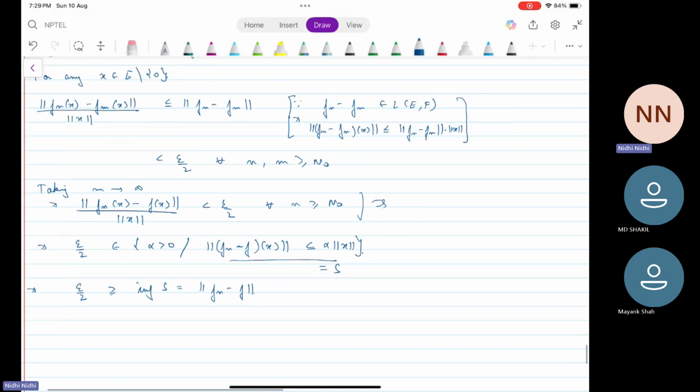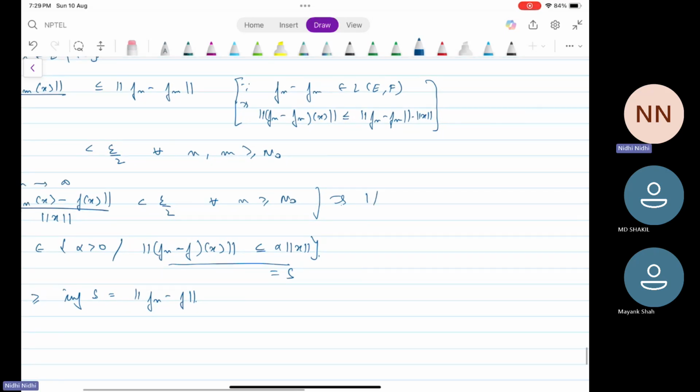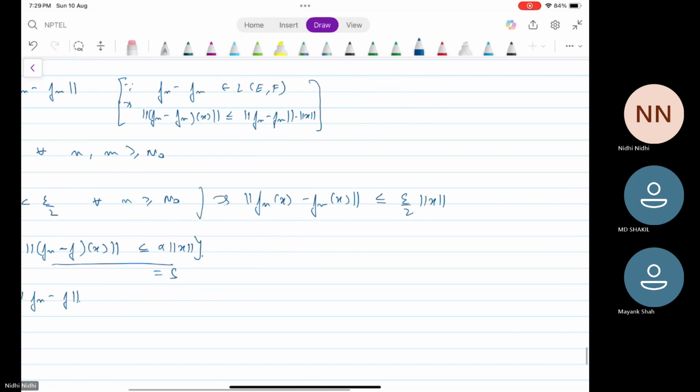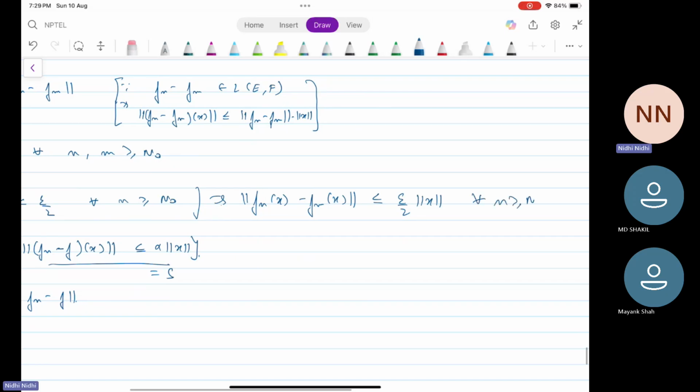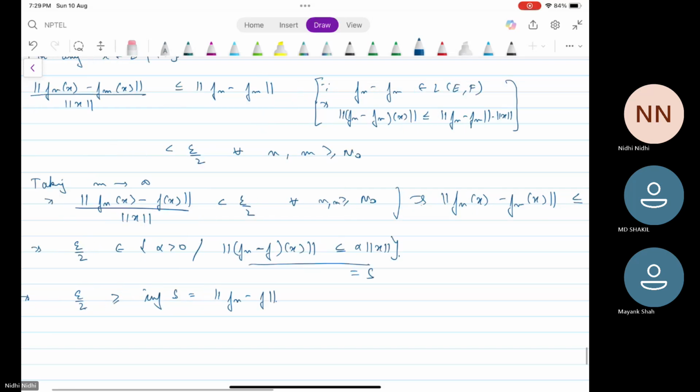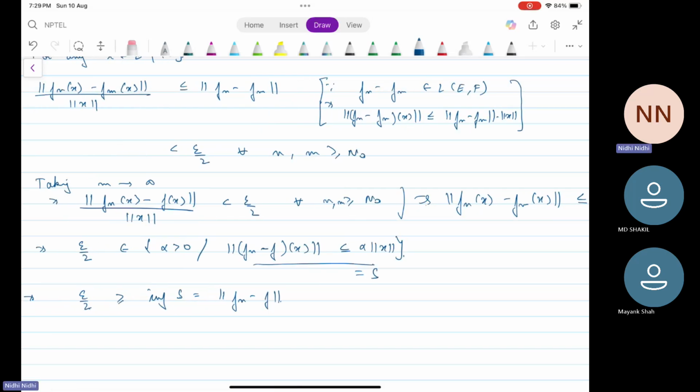this implies norm of Fn x minus F x is less than or equal to epsilon by 2 times norm x, for every n greater than or equal to n naught.